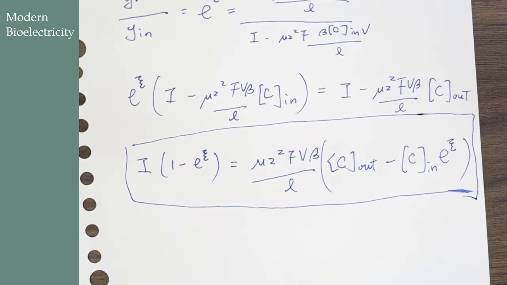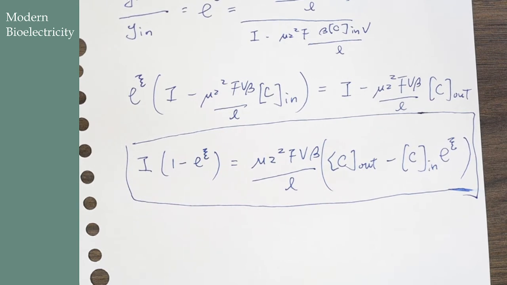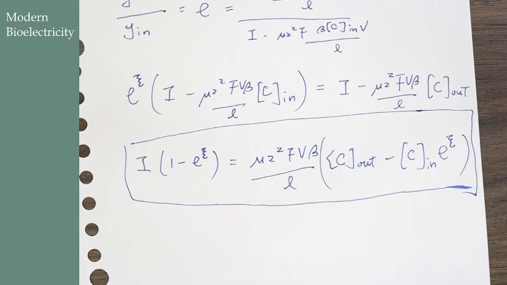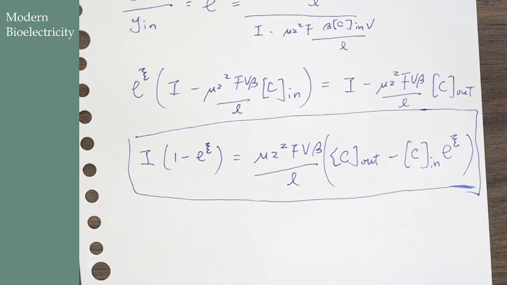So we have this. Let's make it more complicated. So what do we have?